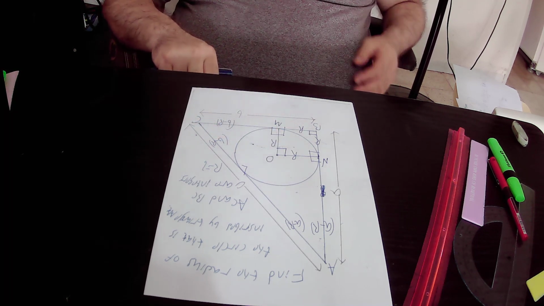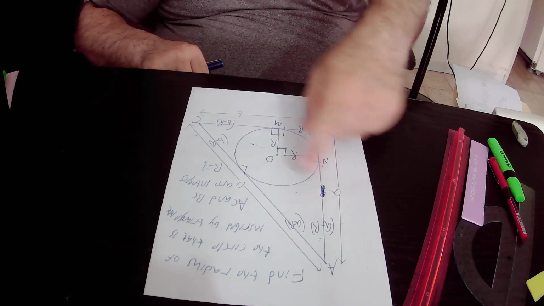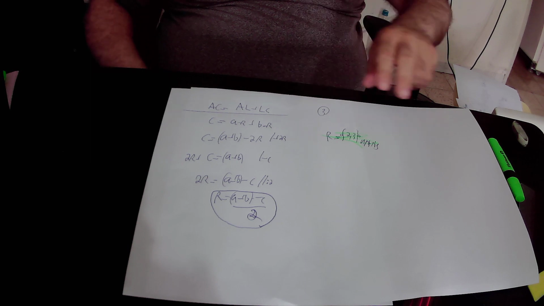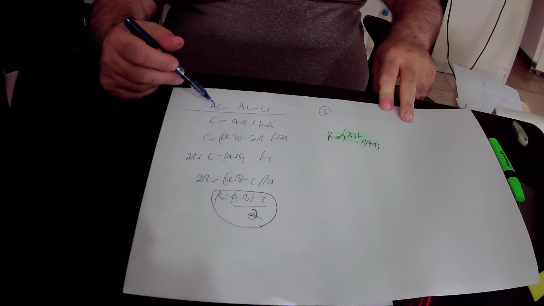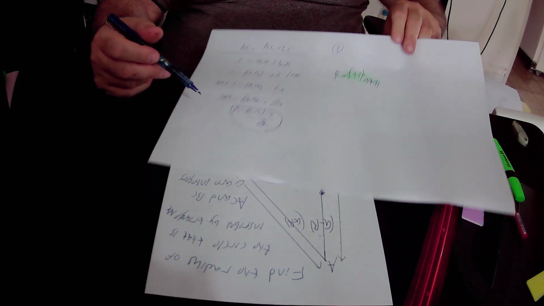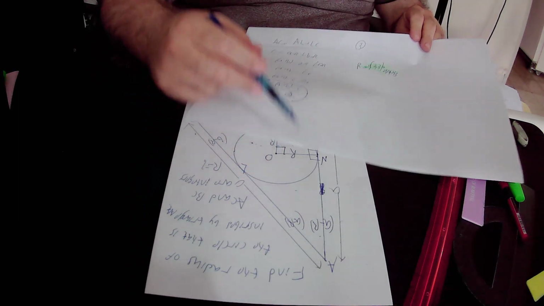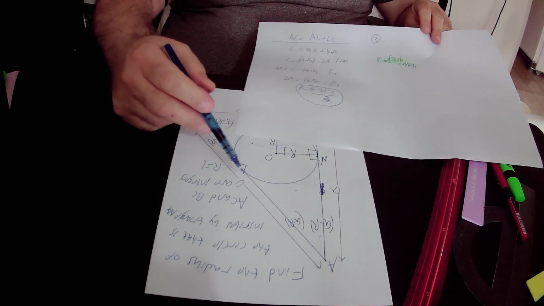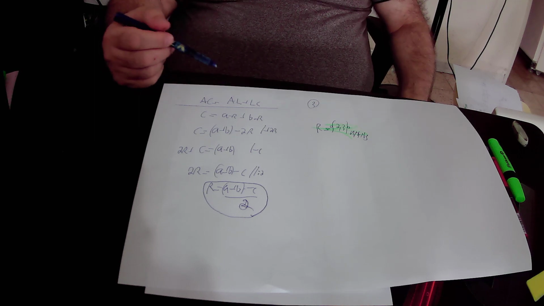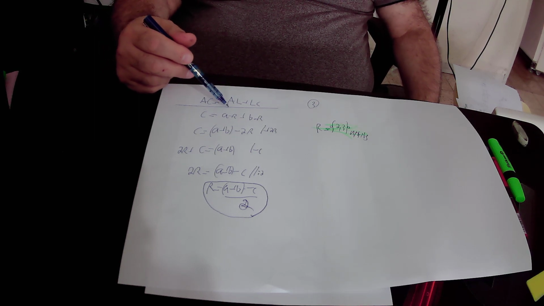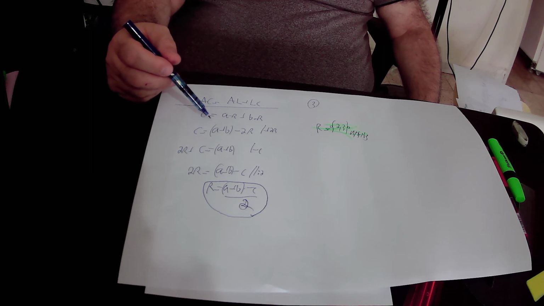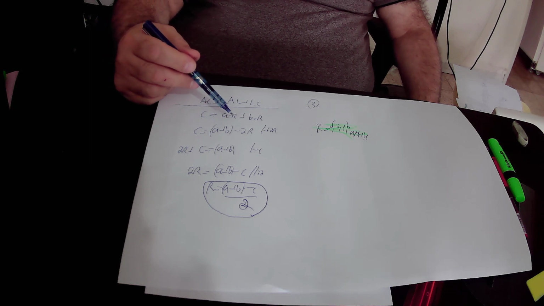Then we found out the length of the hypotenuse AC equals AL plus LC. According to our definition, AC equals C, AL equals A minus R, and LC equals B minus R. So in conclusion, C equals A minus R plus B minus R. That is to say, C equals A plus B, minus R plus minus R is minus 2R.